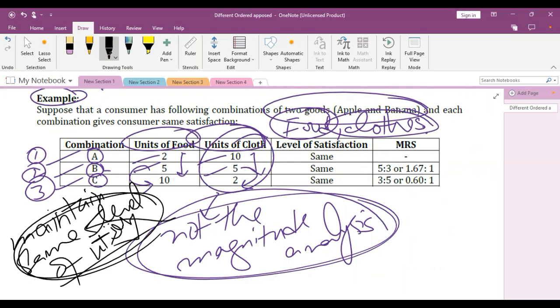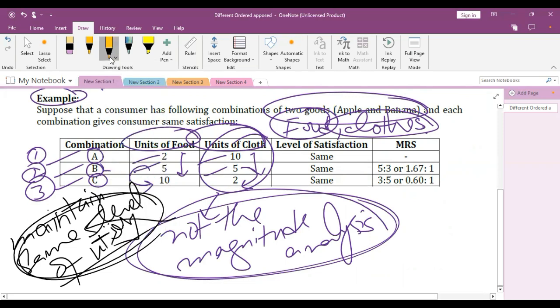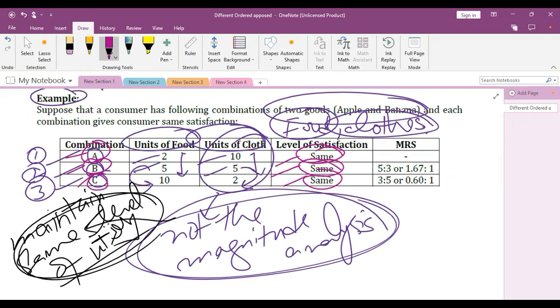So all these combinations, as we have all studied, give the same level of satisfaction to the consumer. So the consumer can select any point, whether the combination is A, B or C. All give the same level of satisfaction as they all lie on the same IC curve.